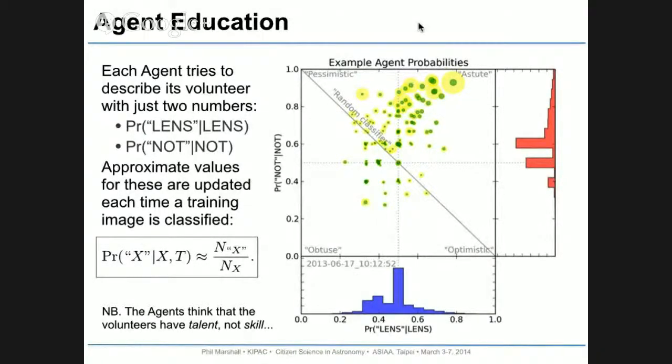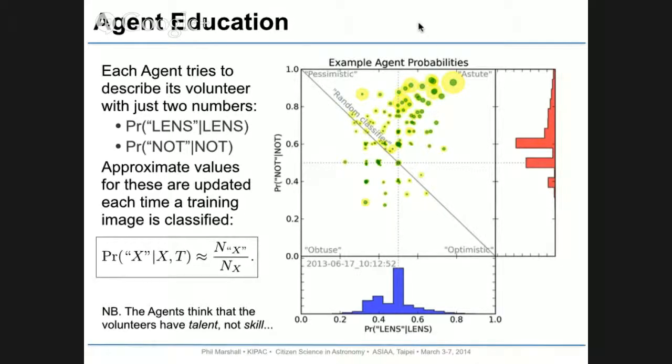Okay, so each agent tries to describe its volunteer with just two numbers. And what I've done here is plotted them on each axis. Each of these points here is an agent. On the x-axis, you see the probability of volunteers saying lens when there really is a lens there. And on the y-axis, you've got the probability of the volunteer saying there's not a lens there when there really is not a lens there. And so the agent, because it only has two numbers, might try and make very simplistic characterizations of its volunteers.